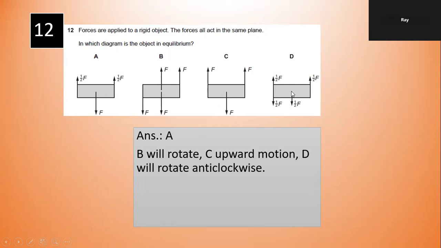You can take moment about one end there. Is it in equilibrium? It will rotate, because that moment is greater than this moment, no? So you rotate anti-clockwise, no? If you take moment about this part there.